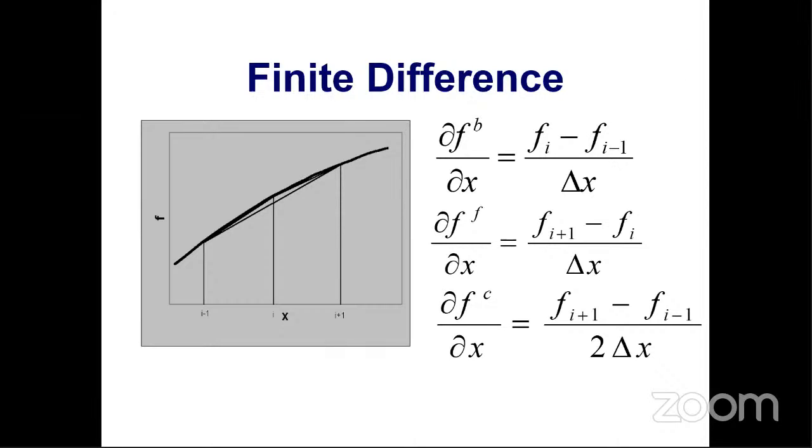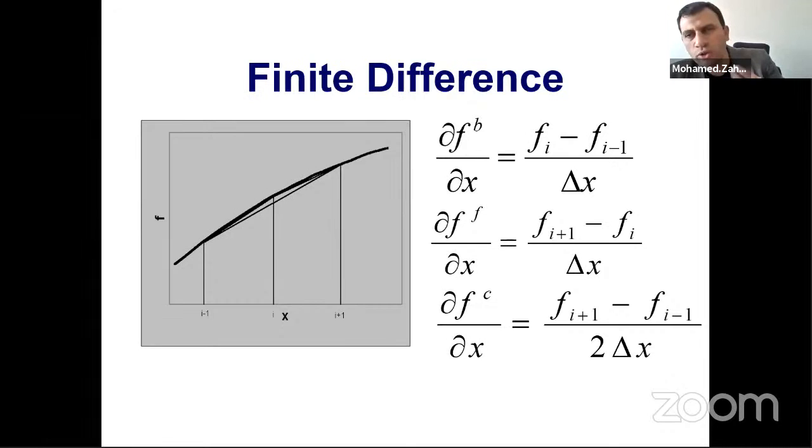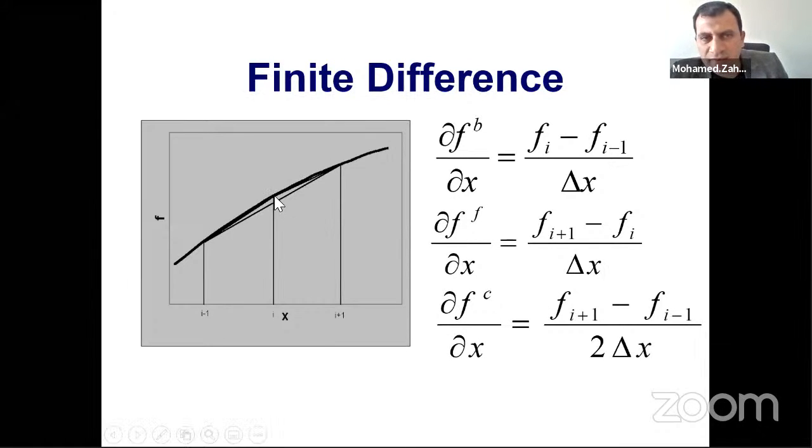This is what we call exact solution for the derivative. Now we are not using the exact solution, we are using a finite difference solution, which means to calculate the derivative at each point, I need another point forward, another point backward.